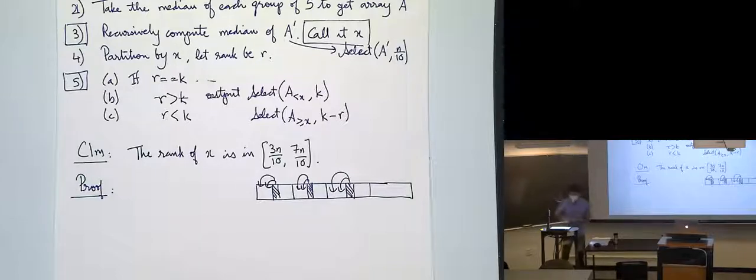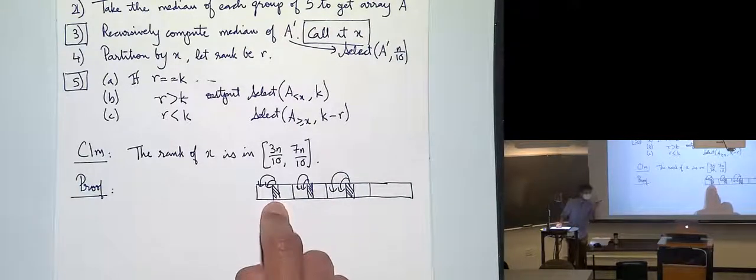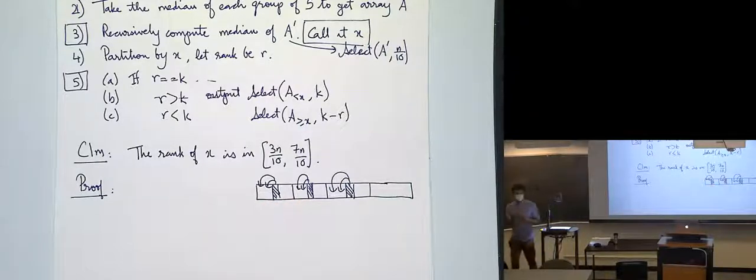So anytime x is bigger than one of these shaded elements, it's bigger than 3 elements in that block. And x is the median of the shaded elements. There are n over 5 shaded elements. x is bigger than n over 10 of them. So it's going to be bigger than 3n over 10 elements overall. I'll write this down. But that's the 3n over 10. And it's also going to be less than 3n over 10 elements by the same logic. So its rank is between 3n over 10 and 7n over 10. Okay?